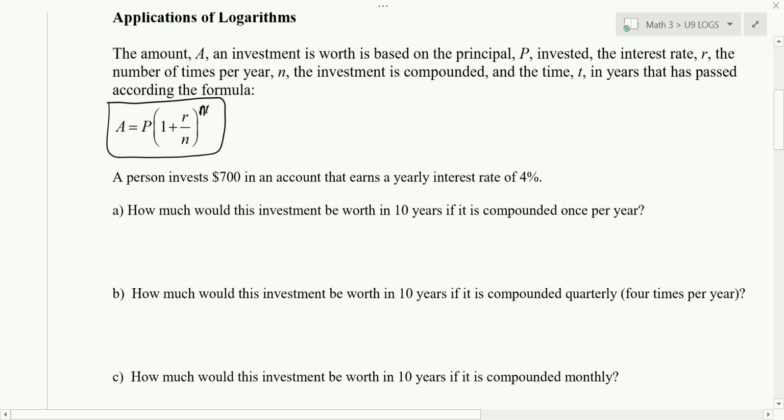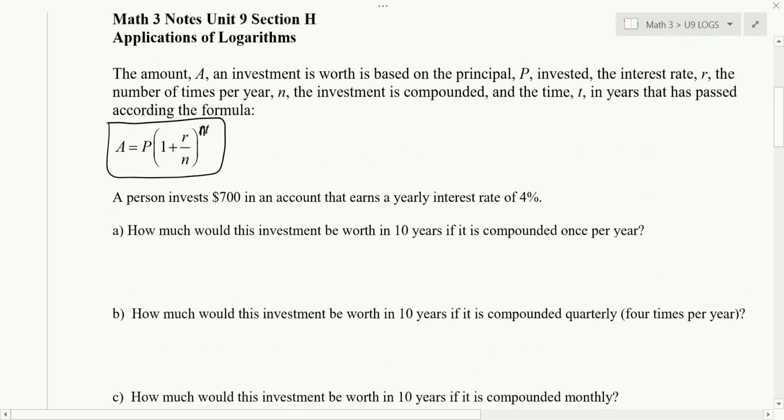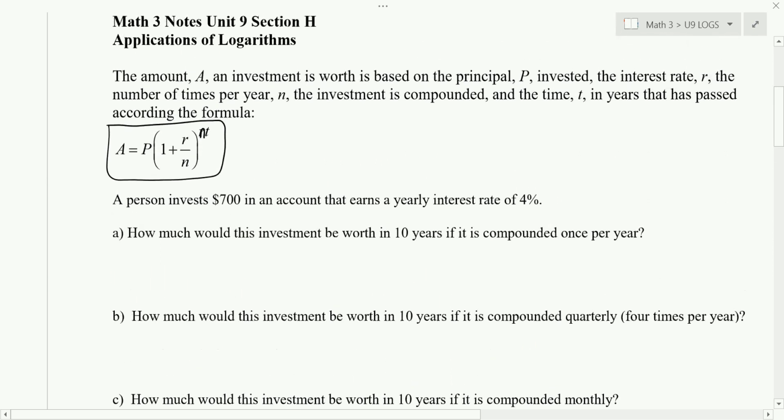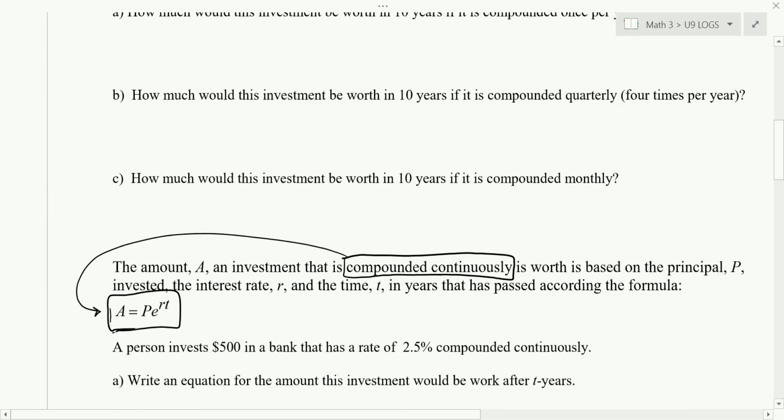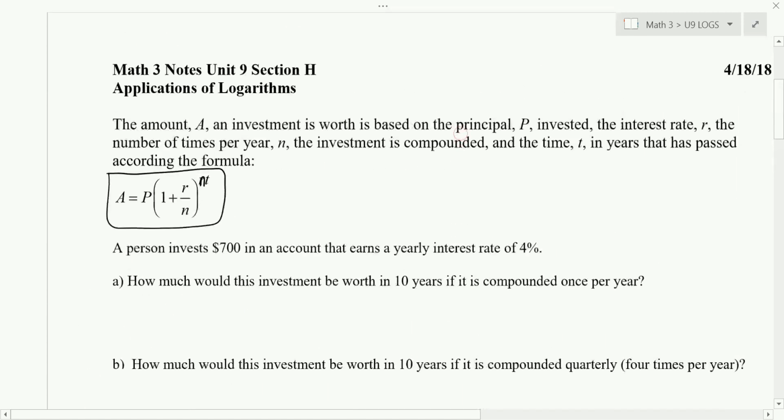If you start with this other formula, you can use calculus to show this: you let n go to infinity, so you compound it an infinite number of times, and you end up with this formula. So compounded continuously means you compounded an infinite number of times in a year, if that were possible.